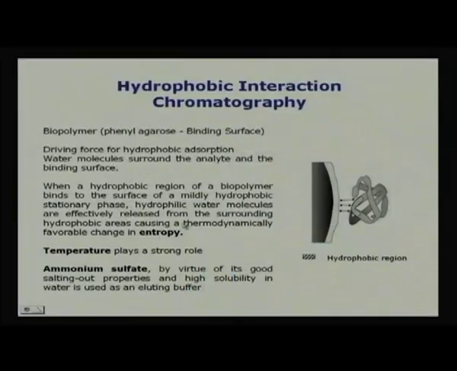Temperature also plays a significant role in this hydrophobic interaction. Now, ammonium sulfate, by virtue of its good salting out properties and high solubility in water, is used as the eluting buffer for this interaction. This hydrophobic interaction is just the opposite of ion exchange chromatography.